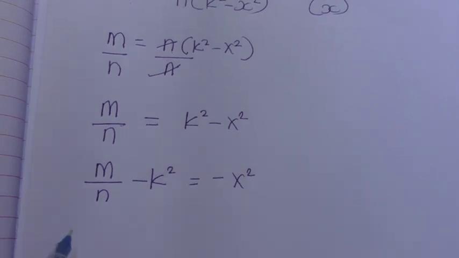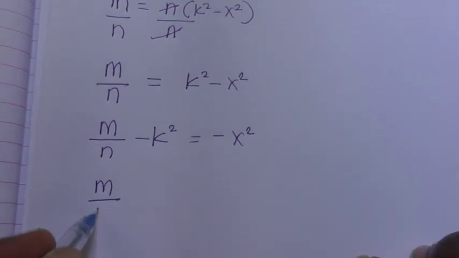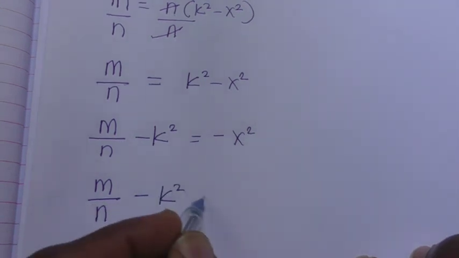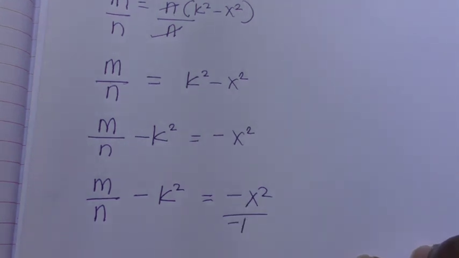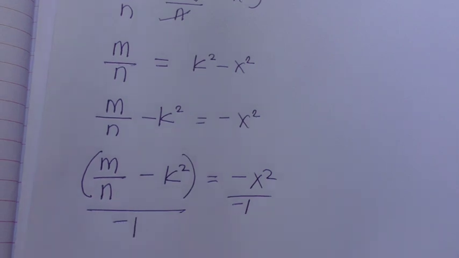So how are we removing the negative? We shall remove the negative by simply dividing through by negative 1. That is, we shall divide by negative 1 and also divide the whole of this by negative 1, so that the negative cancels this.